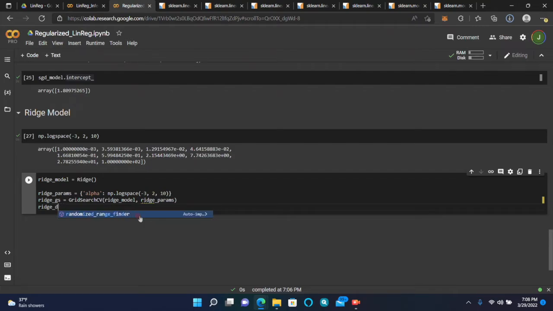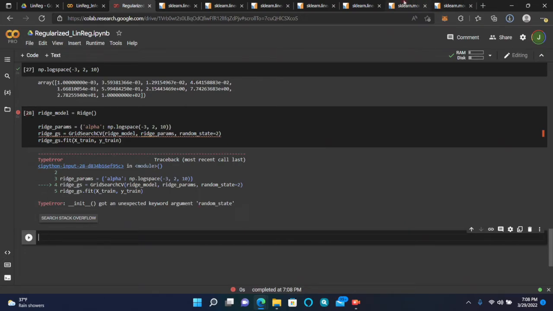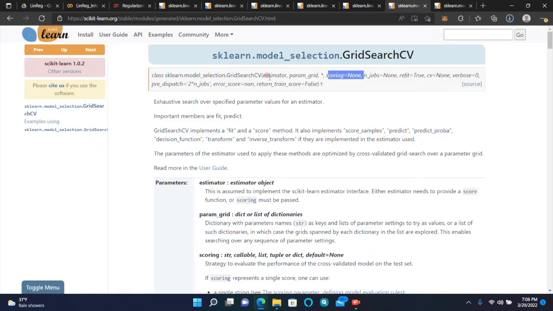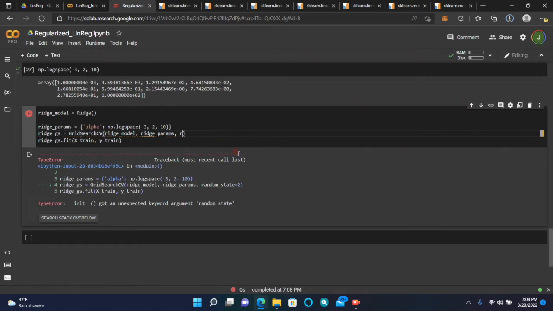We'll fit it here. Whoops, gs.fit X_train, y_train. And let's go ahead and give it a random state. That doesn't have a random state. Alright, whatever. We'll just get rid of the random state. I thought I had one.